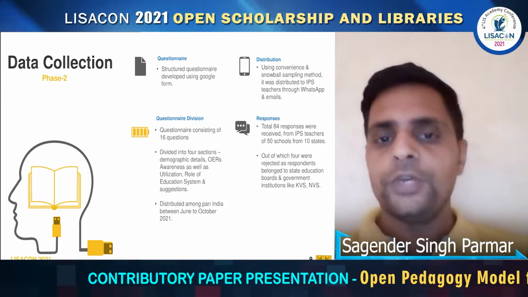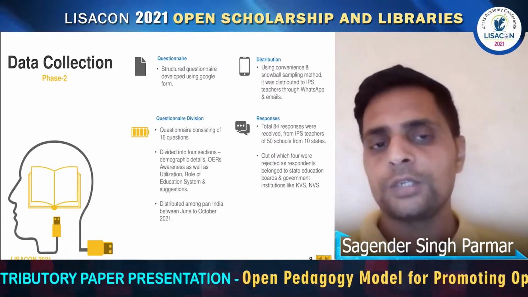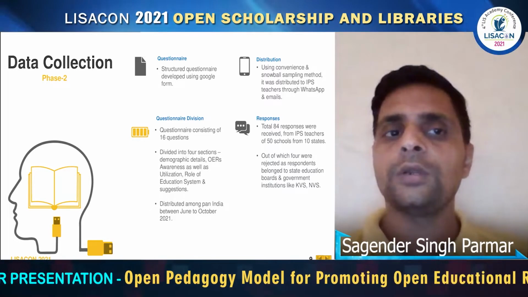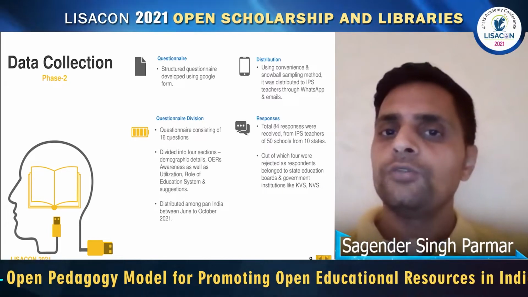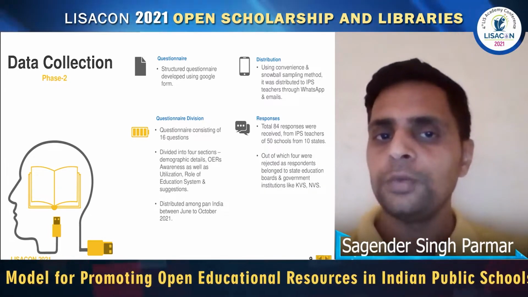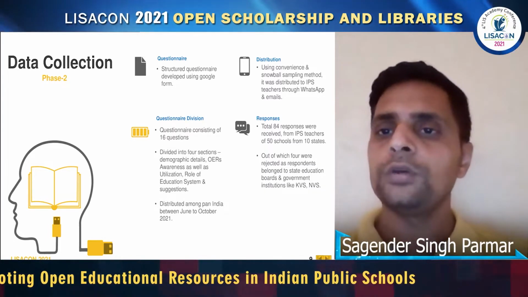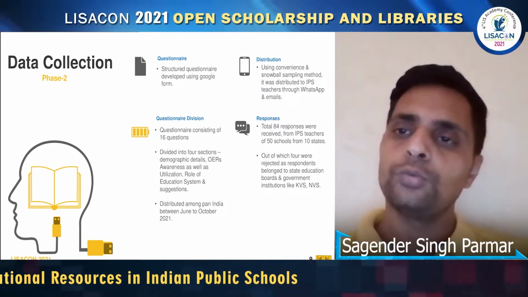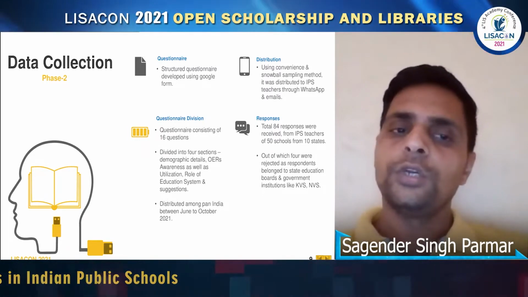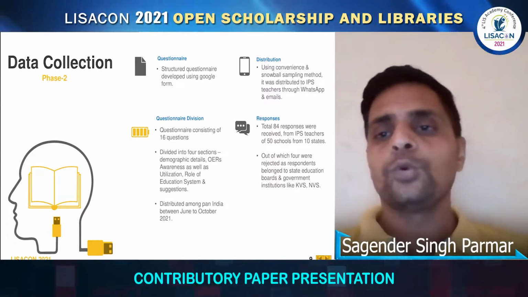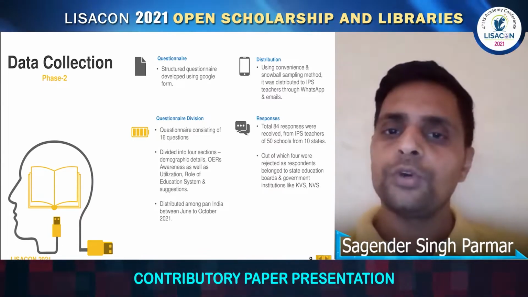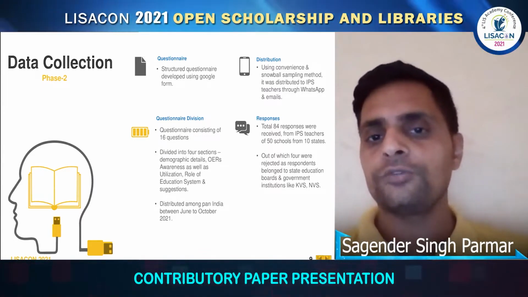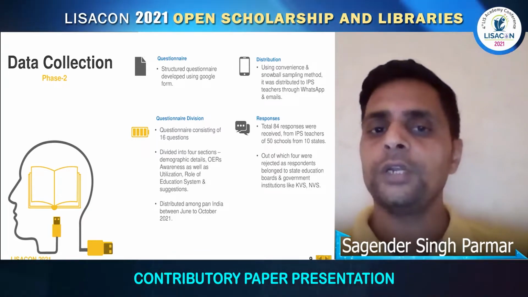So in the second phase, which was the data collection through a survey method, a structured questionnaire was developed using a Google form, and it was distributed using the convenience and snowball sampling method to Indian public school teachers through mails and WhatsApp. The questionnaire consisted of 16 questions, which were divided into 4 segments.